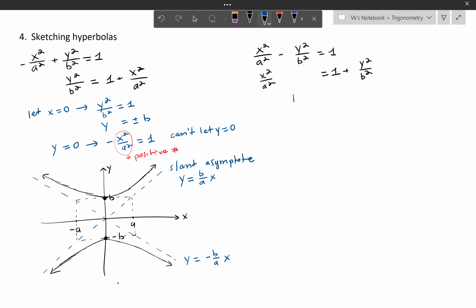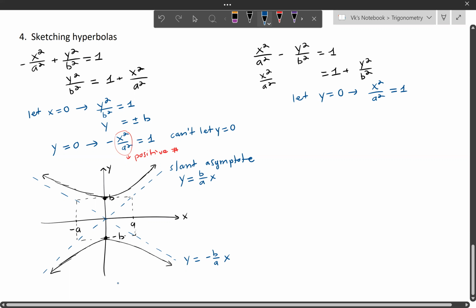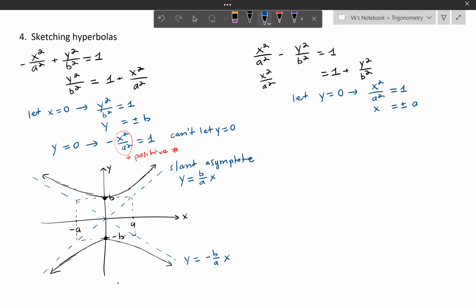From here we can only let y equal to 0, and we see that x squared over a squared equals 1. So x equals plus or minus a. These are the two vertices, by the same argument. We cannot let x equal to 0 in this case.